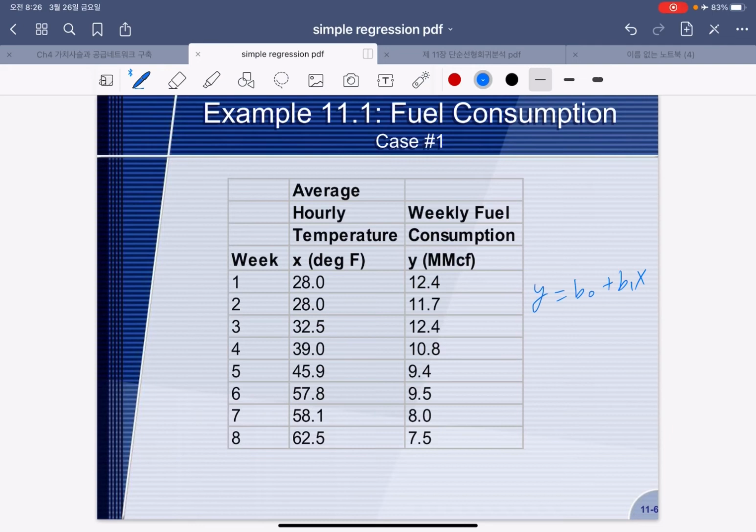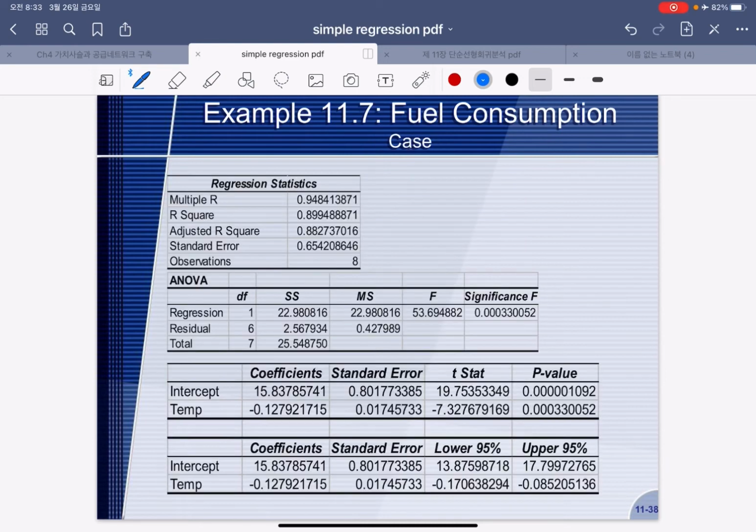Now let's go to the output and then try to understand the results. This is the computer output. Let me explain these things one by one, and let me try to explain the R square first.